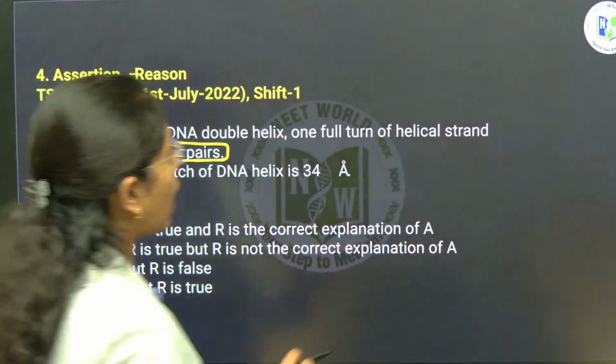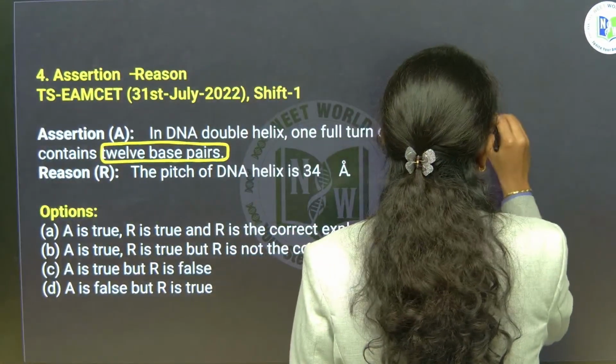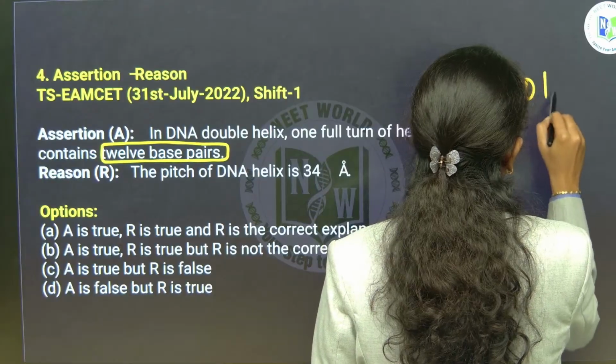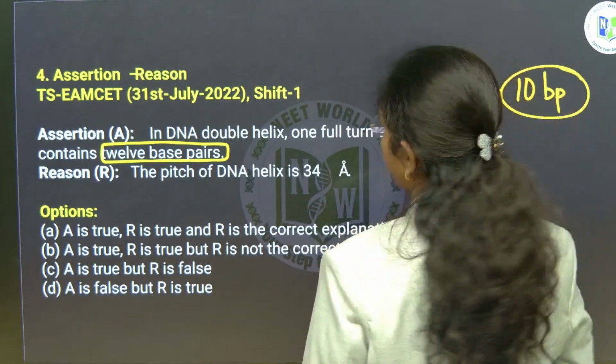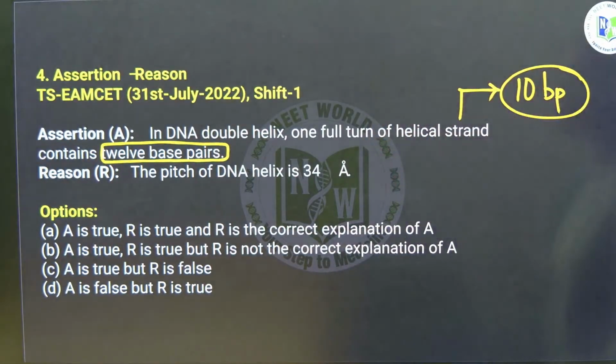No, one full turn will have just 10 base pairs, not 12. The pitch of DNA helix is 34 angstroms.